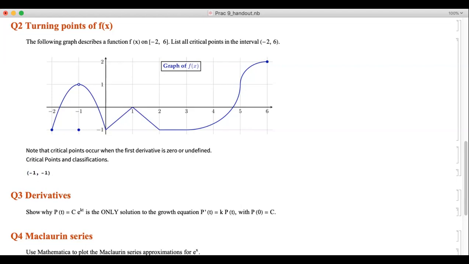Is the derivative defined at that point? Does the derivative exist or is it undefined? Undefined, yeah. Why? Because at this point you can't draw a tangent line. So it's undefined and it's a point of discontinuity.